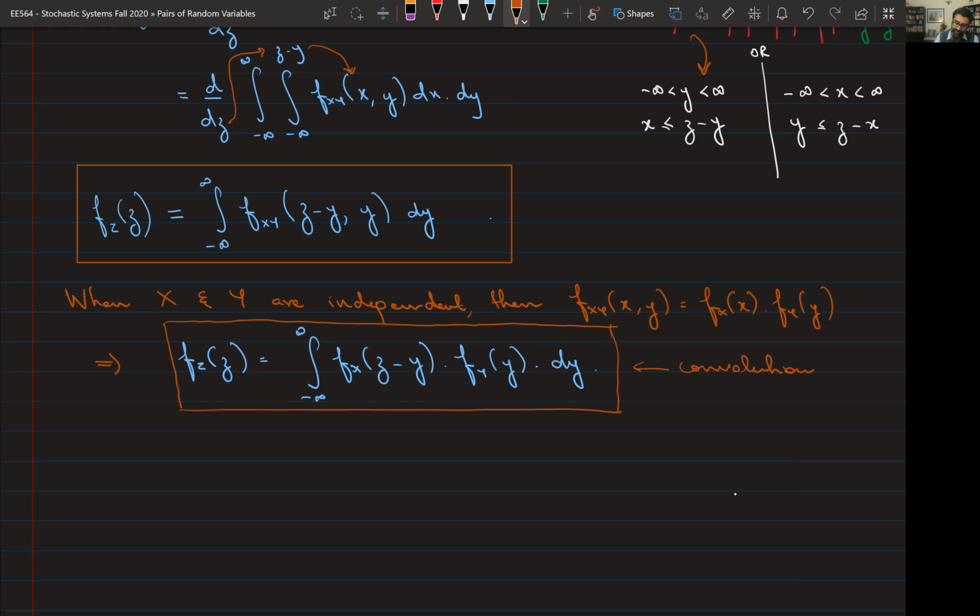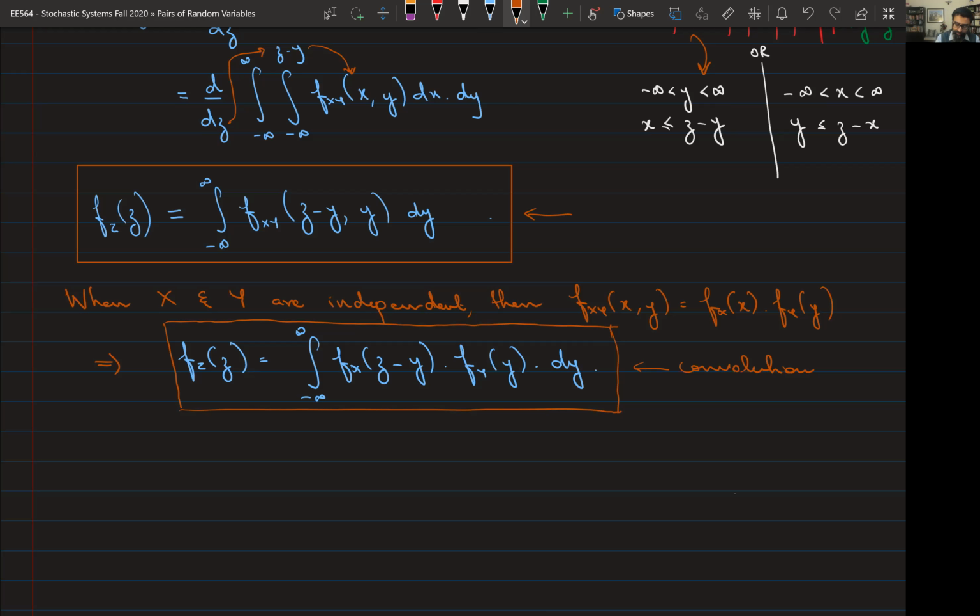And in fact, this thing you are seeing, if there are systems which are not time invariant, then their response is actually specified by two variables, and there this sort of thing is used in order to find out the output of a linear time variant system. Okay, but that's besides the point.